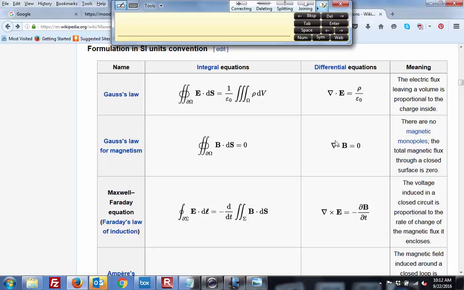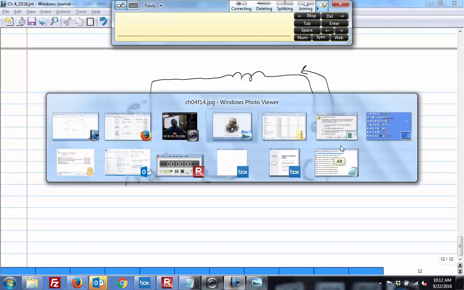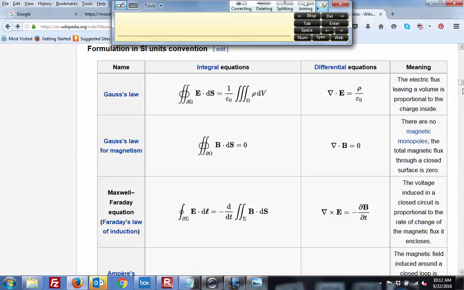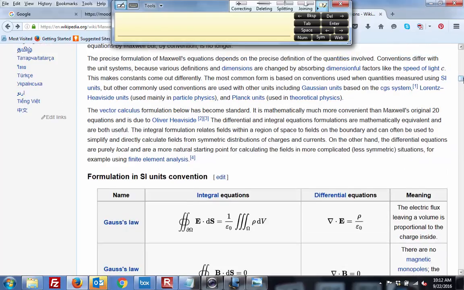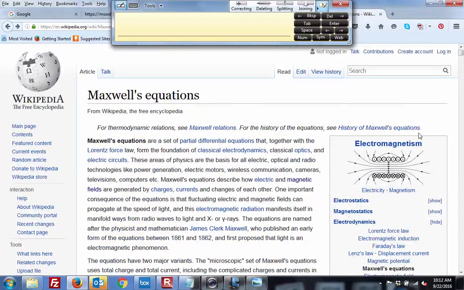Gauss also said that if we sum up all the magnetic field lines, so B represents, let's get back to the little Wikipedia page, B actually represents all these curvy lines.